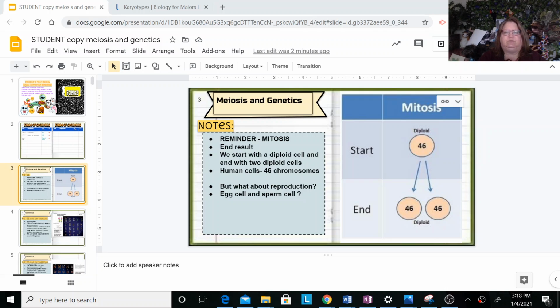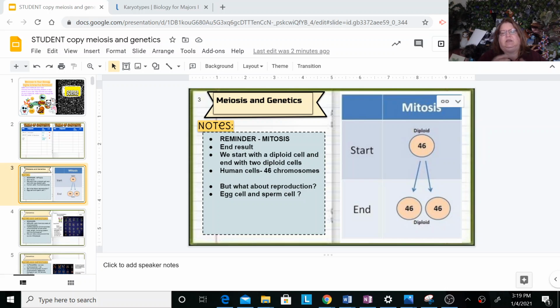But what we want to switch to is a new type of cell division that creates the reproductive cells, the egg and the sperm cells, because those are going to be the ones that allow for reproduction. If you are planting seeds for a spring garden, or you are getting a puppy or a kitten, well, of course, that occurred because of sexual reproduction, the egg and the sperm cells fertilizing.